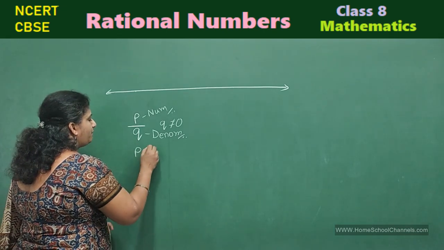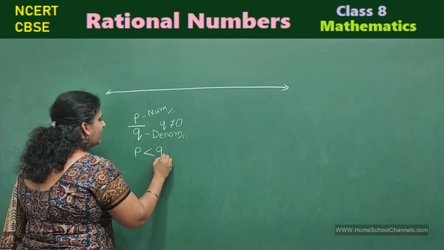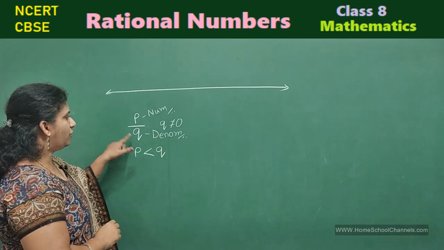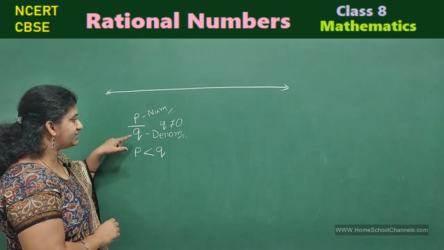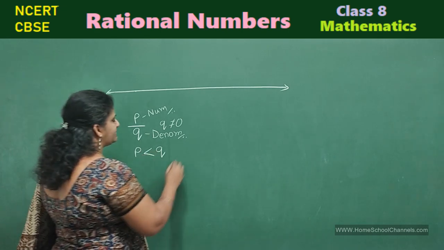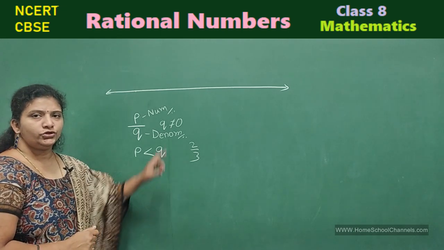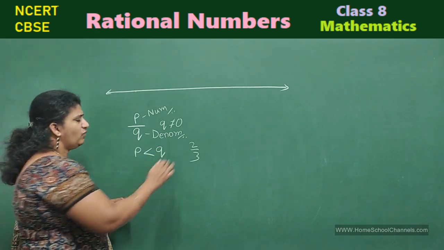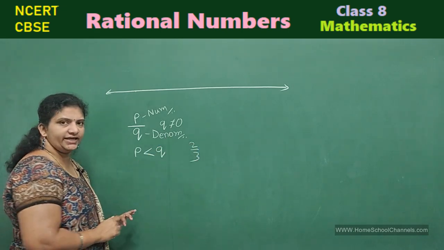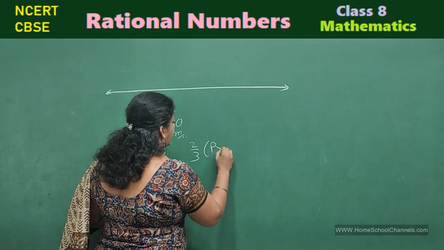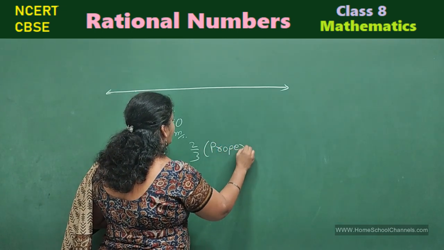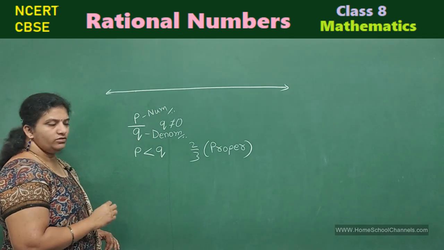Suppose p is less than q. Let us take an example, 2 by 3. Then what type of fraction is it? It is called a proper fraction. Yes or no?